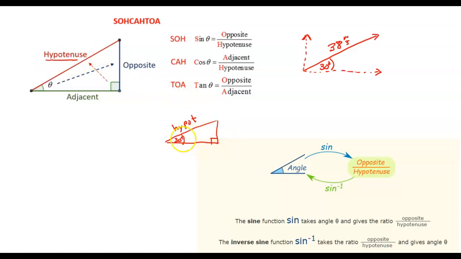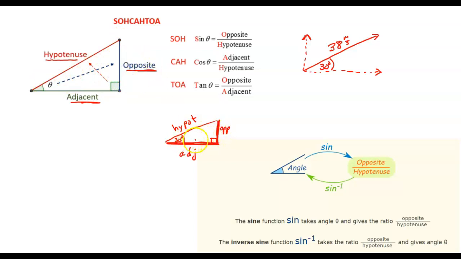The side away from or opposite the angle is called the opposite side. And the side next to the angle, the leg of the triangle that is next to the angle, we call the adjacent side.